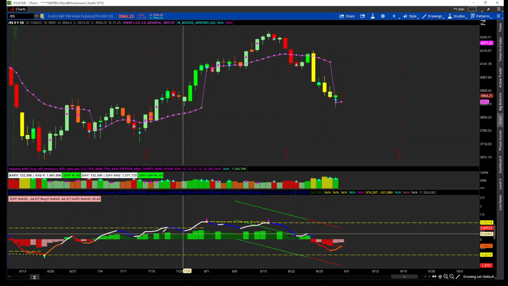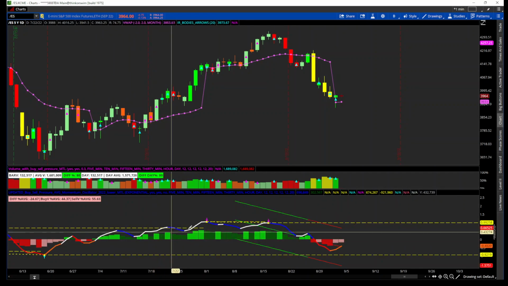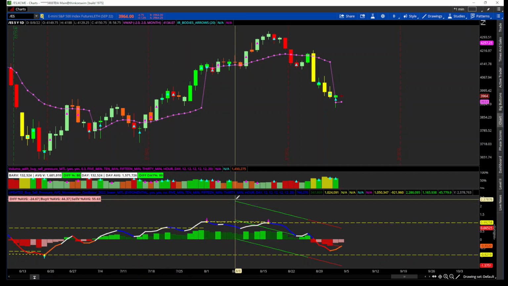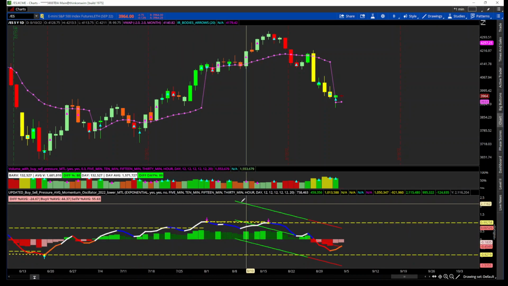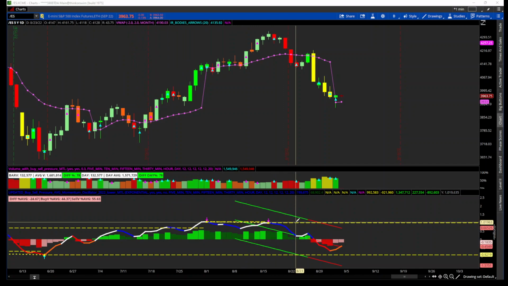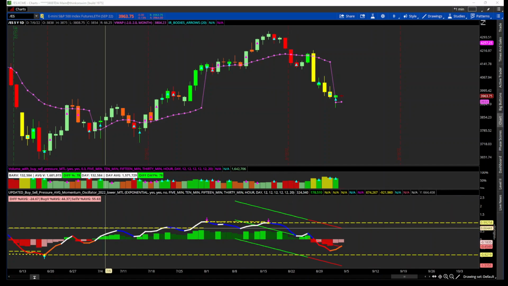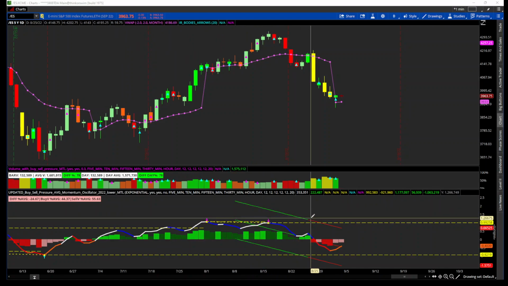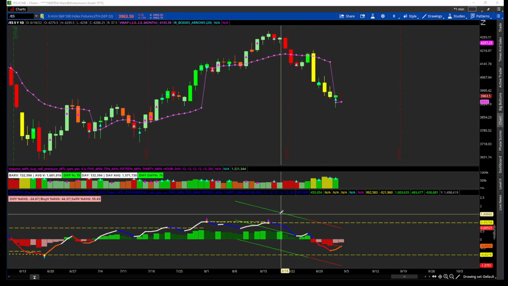And yeah, this is an updated version of the buy-sell pressure average momentum oscillator. But this LR line, linear regression channel, or standard deviation channel. But I added something special to it, and you can see it's red and it's green back here.